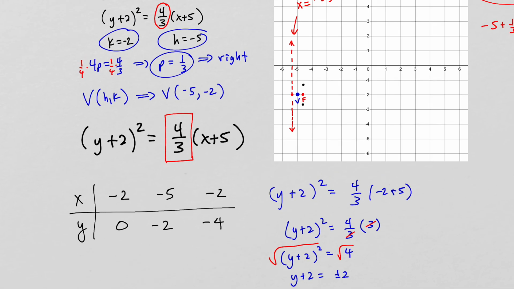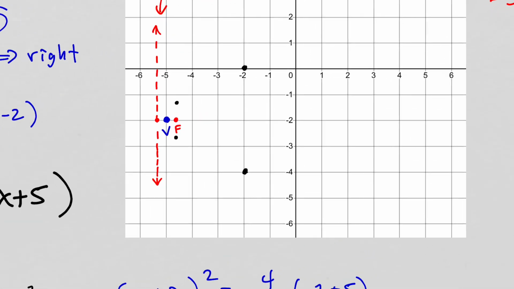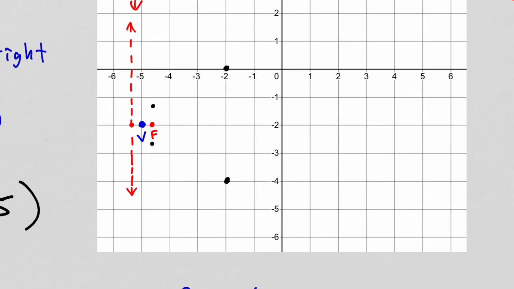We have x equals -2, y equals 0, which is this point right here. And then we have x equals -2, y equals -4, which is this point right here. And now I have a few points, and I could sketch the graph of this parabola, which looks something like this.